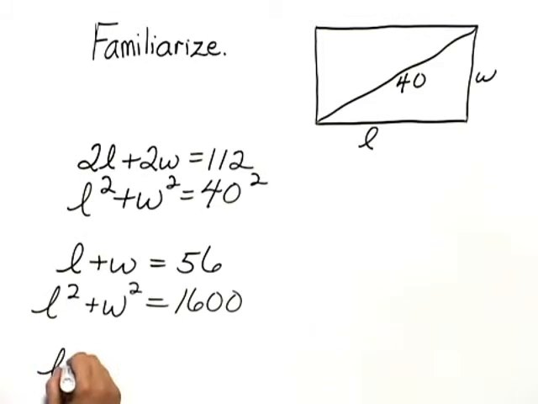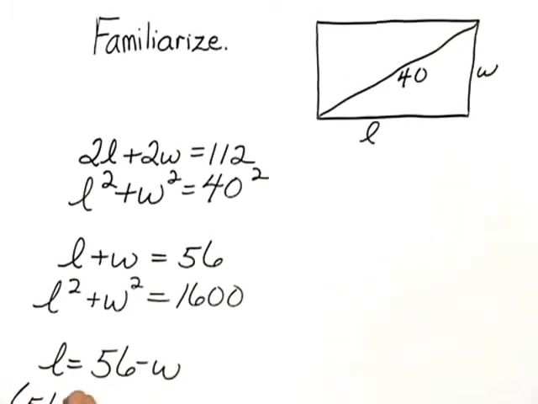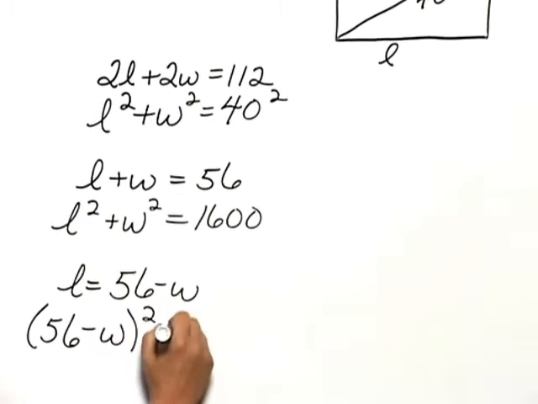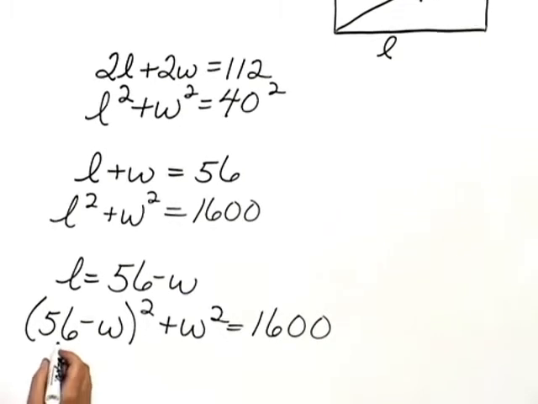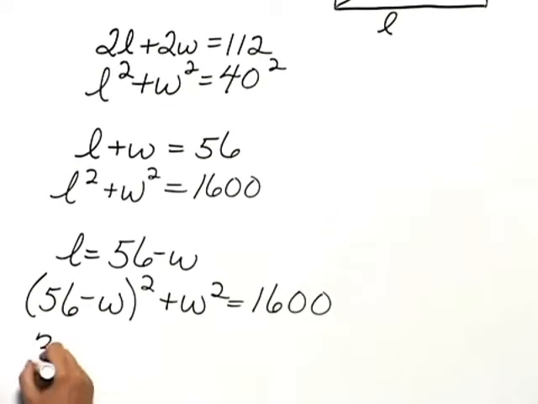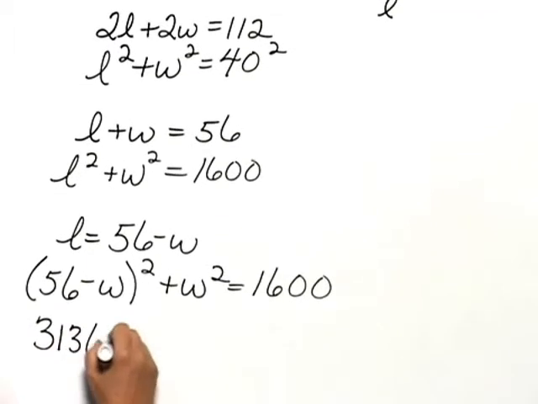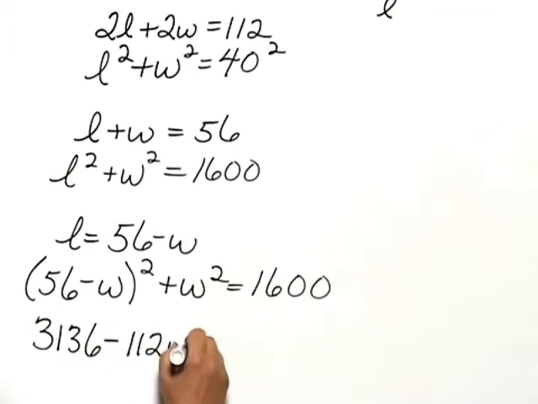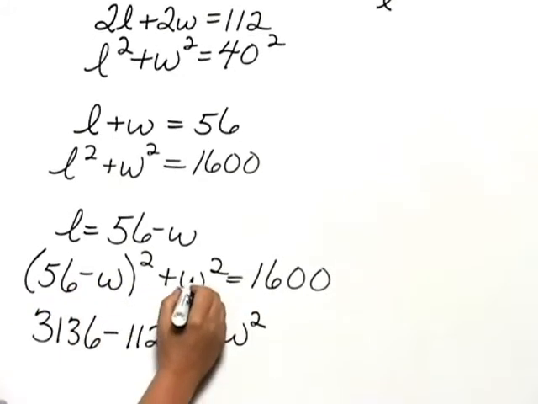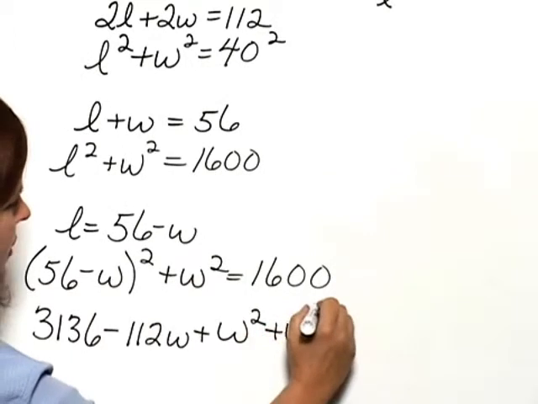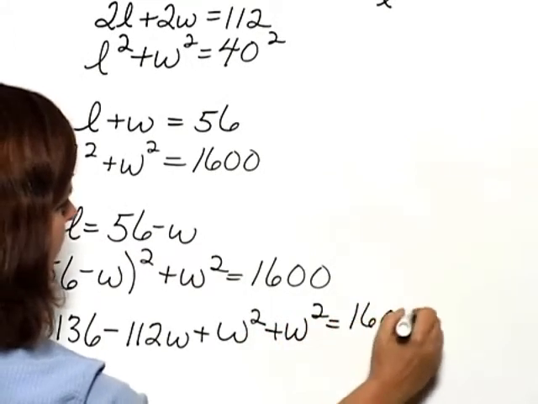We have L equals 56 minus W. So L squared then would be (56 minus W) squared plus W squared equals 1600. Multiplying this out, 56 squared is 3,136 minus 112W plus W squared, that's the square of this, plus the W squared equals 1600.